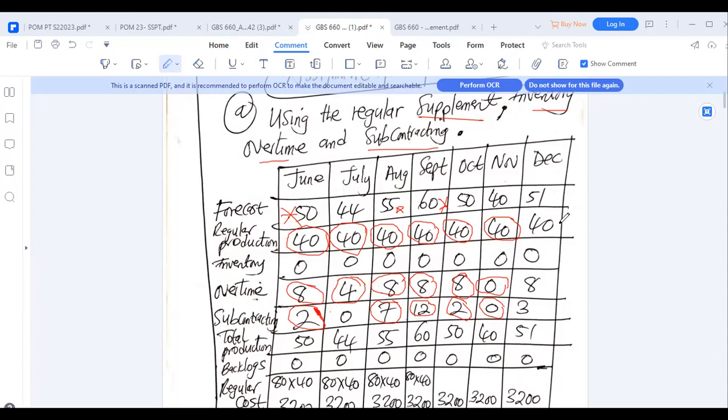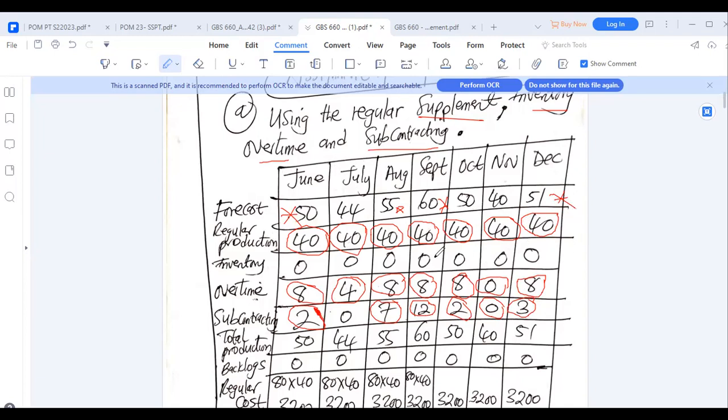In December, we have the forecast of 51, so our regular production is 40 units, meaning that we can have overtime of 8 units and subcontracting of 3 units, so that we have the total production of 51 units. So this is the breakdown.